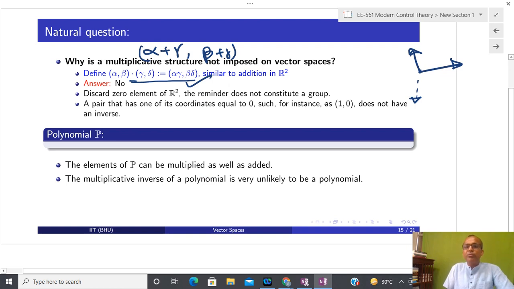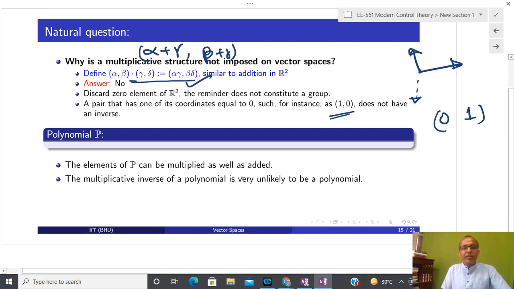Even if you remove the zero, you can see that if you have an element like (1, 0) and another element (0, 1), at least one entry is non-zero. If you do multiplication like this, again the zero element is involved and we have already removed that element. So due to that reason we say that an inverse is not possible if you define the multiplicative structure.